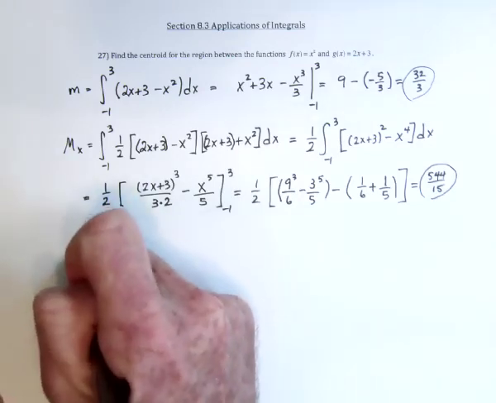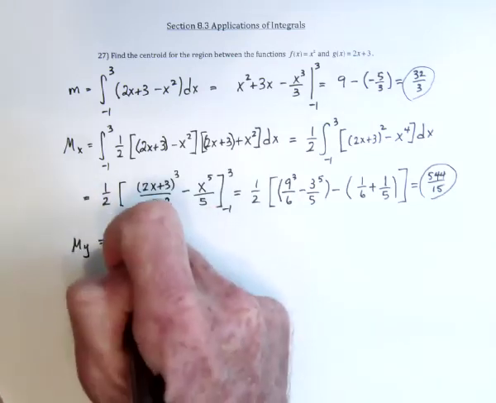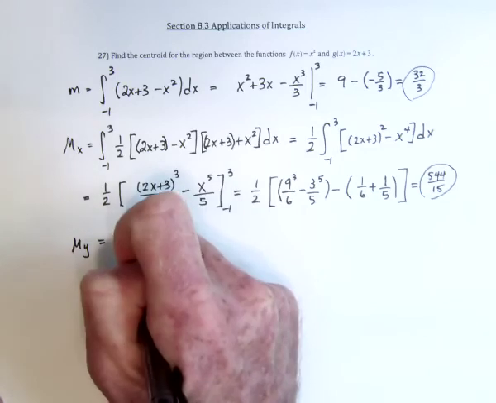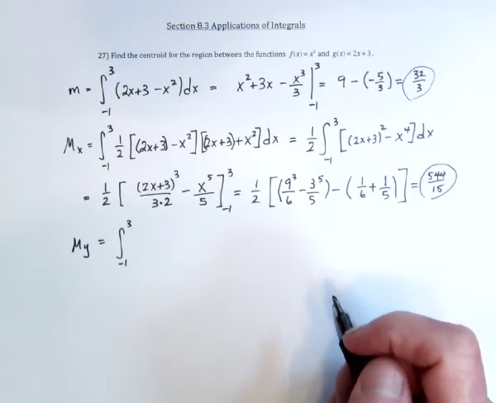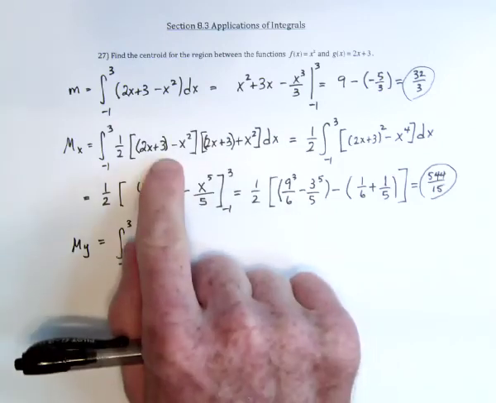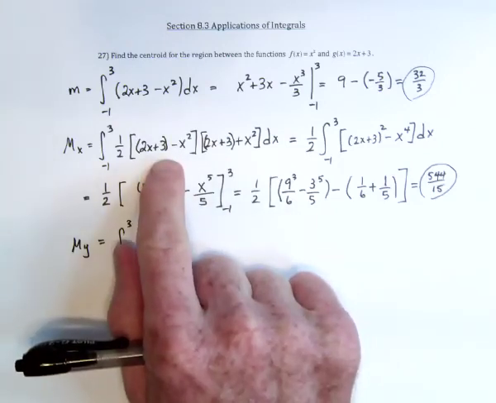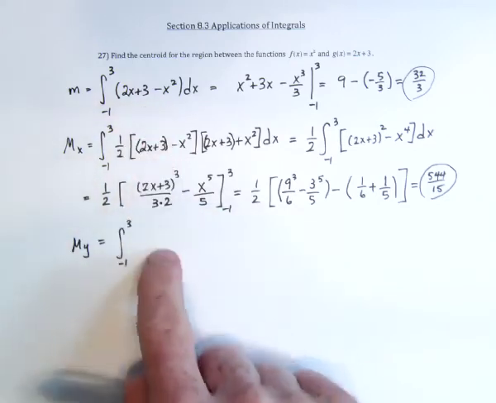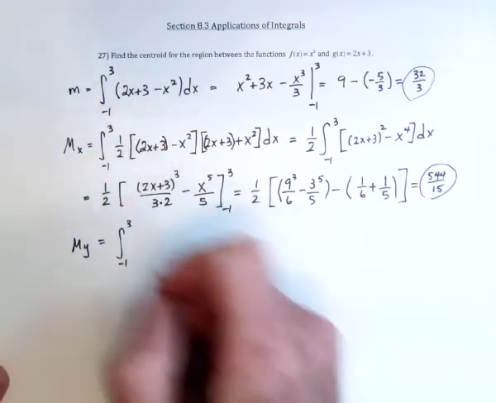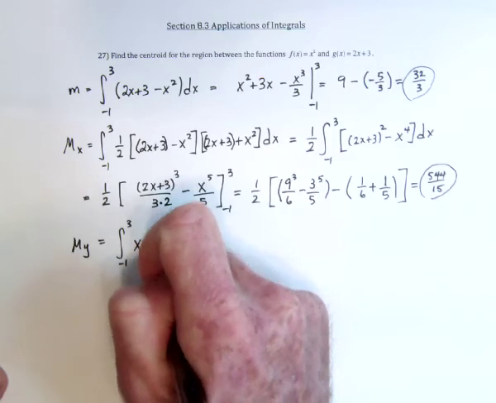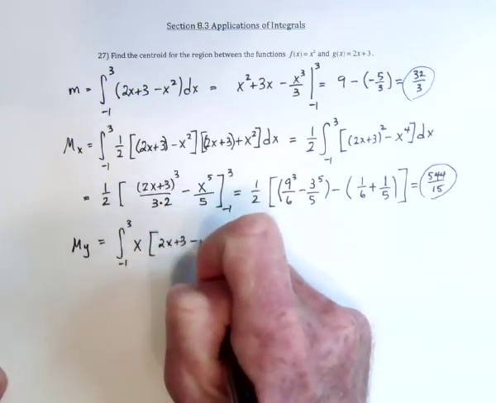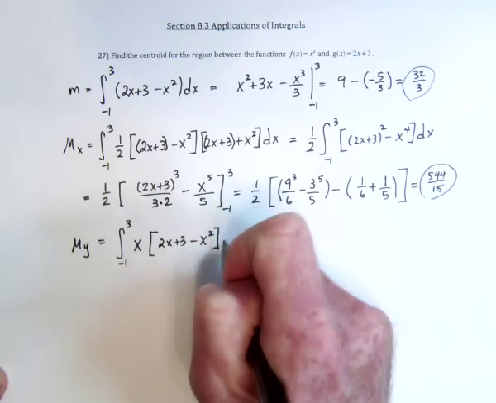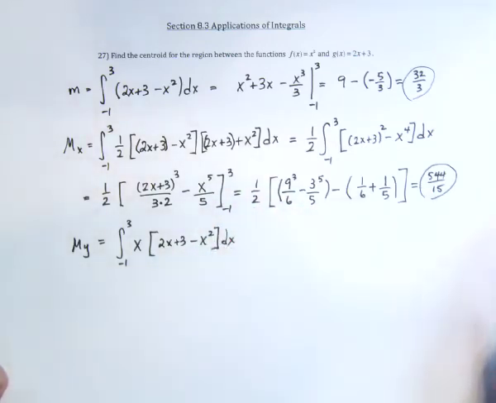The moment about the y-axis is going to be the integral from negative 1 to 3 of this guy. Again, he shows up in the show all the time. And the next one, but this time it's just multiplied by x, and there is no 1/2, it's just an x.